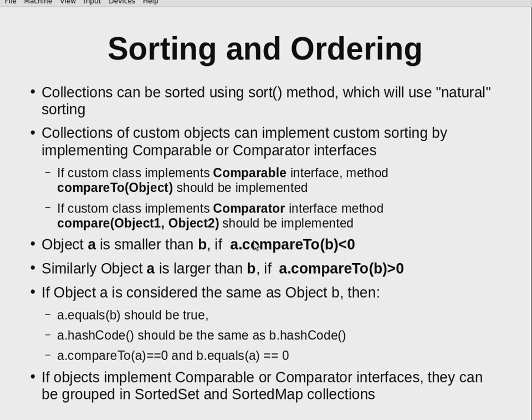And when you do sorting and ordering, an important thing is that you have to describe how you will sort your elements. And to do this, you have to implement the comparable interface.